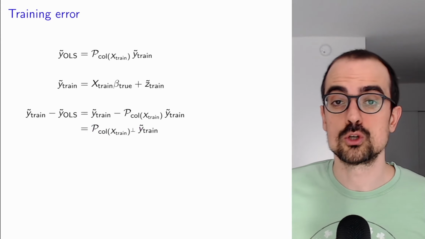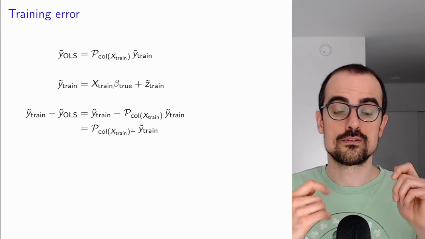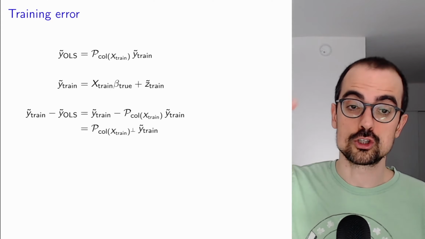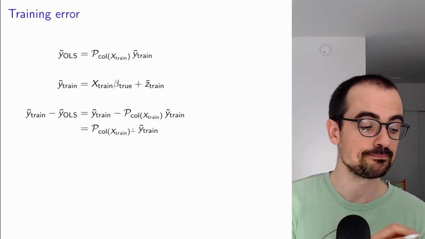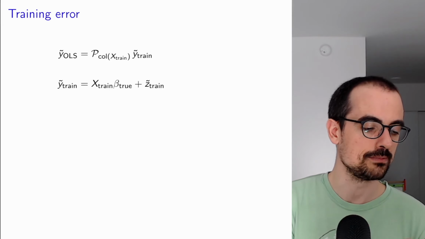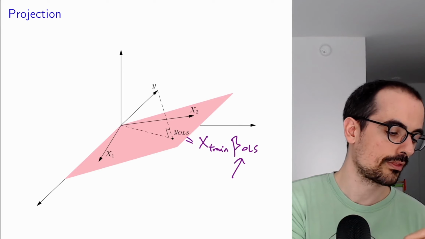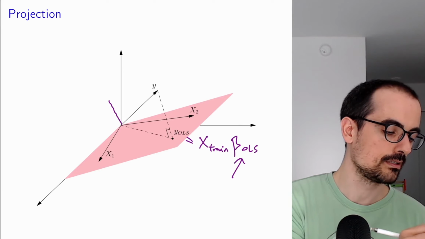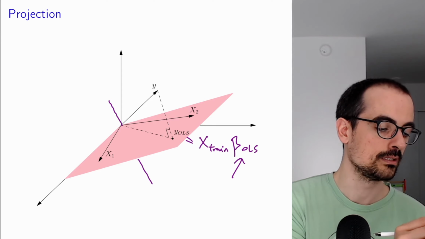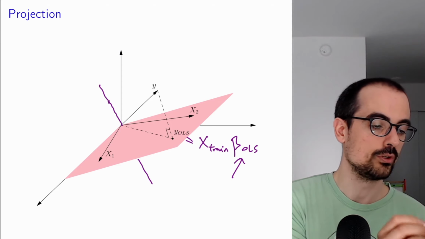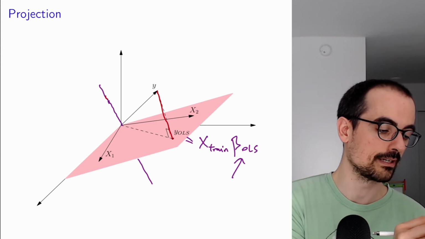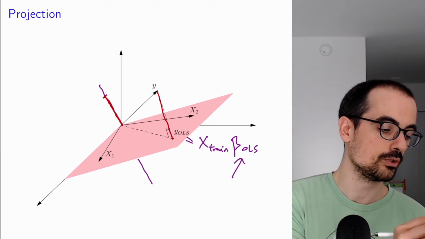That is going to correspond to the projection of the response vector onto the orthogonal complement of that plane. Just to show you what this means, the orthogonal complement would be, in this case, a line like that, which is orthogonal to that plane. And what this is saying is that if you look at the error, because this is an orthogonal projection, the error is going to be in here.